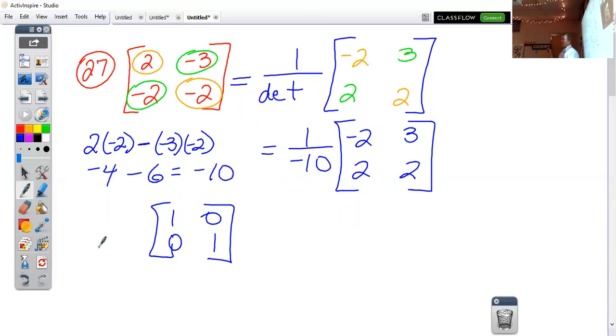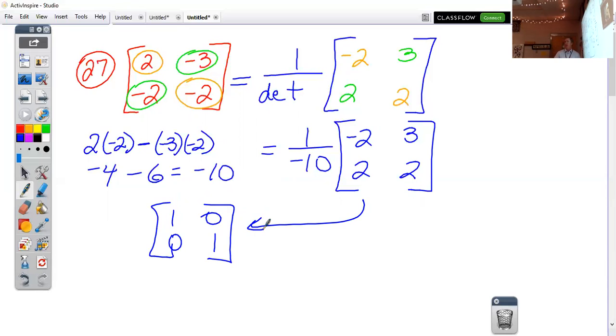The identity property of multiplication: 6 times 1 is 6. So if you multiply the identity matrix by a matrix, you'll get the same matrix. It won't change. But if you do a matrix times its inverse, you will get the identity matrix every time.